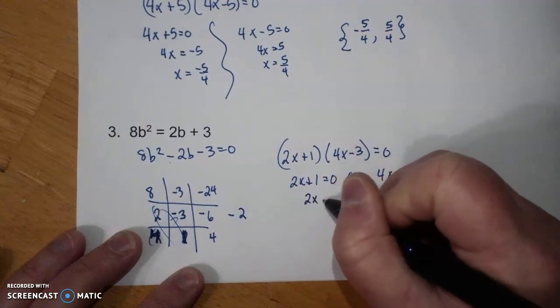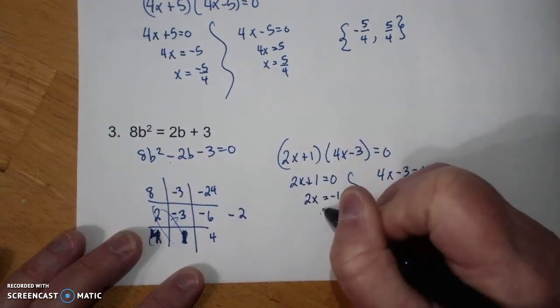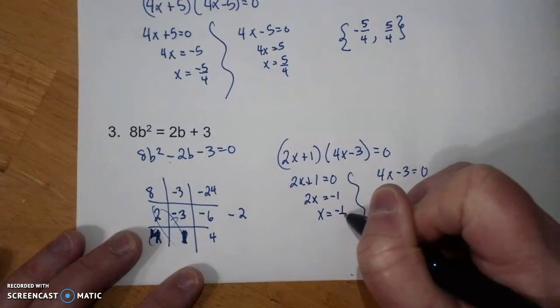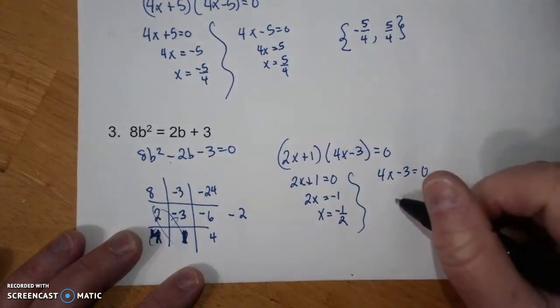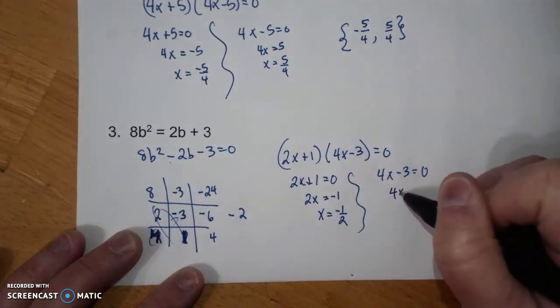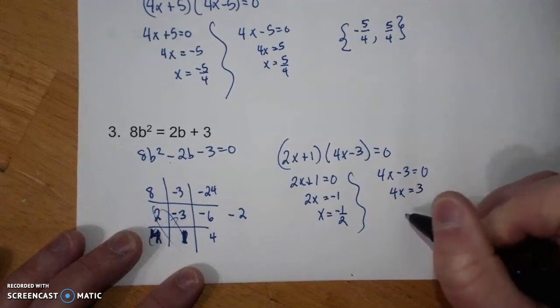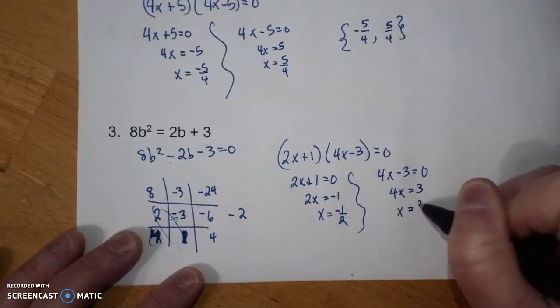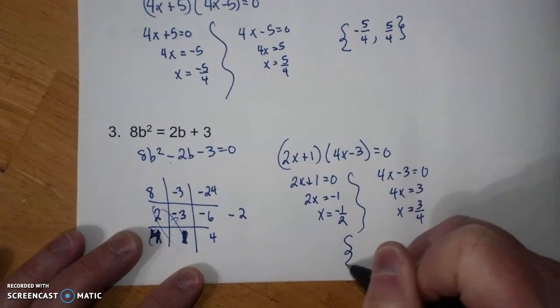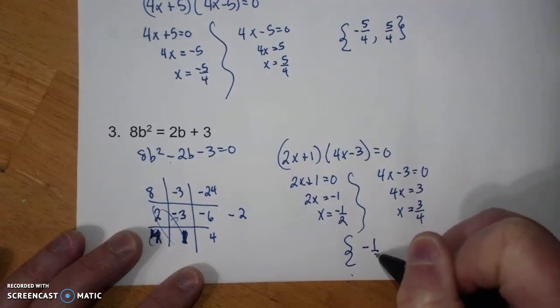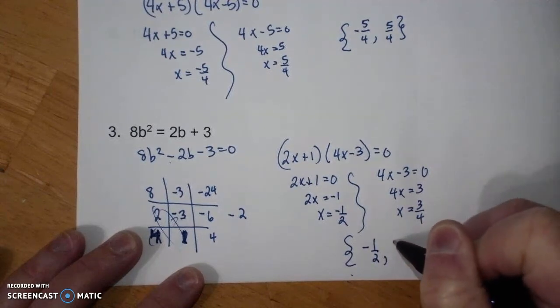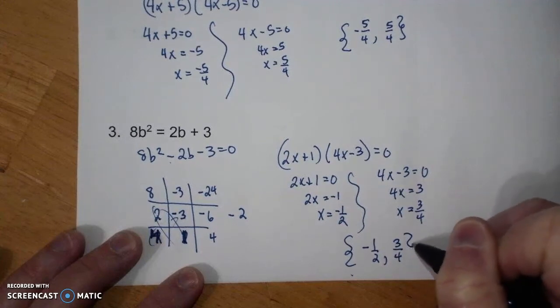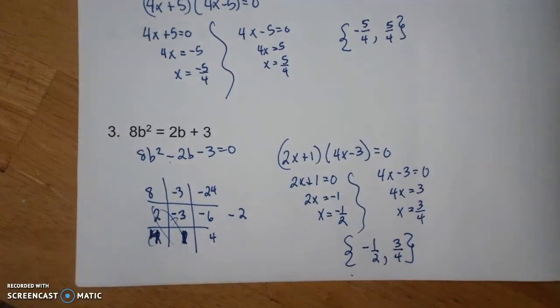Moving the 1, 2x equals negative 1, x equals negative 1/2. Moving the 3, 4x equals 3. Divide by 4, x equals 3/4. My final answer is the solution set of negative 1/2 or 3/4 because they will both work.